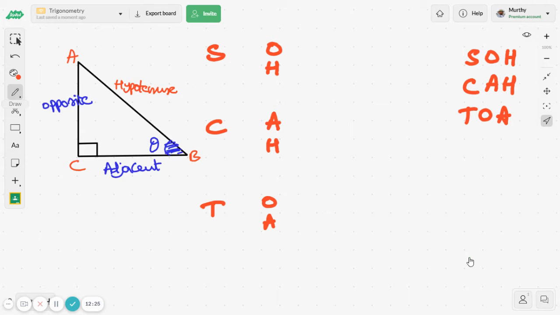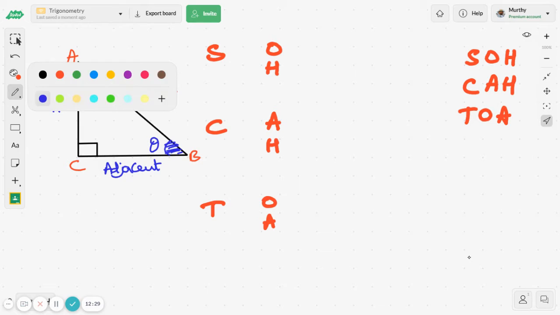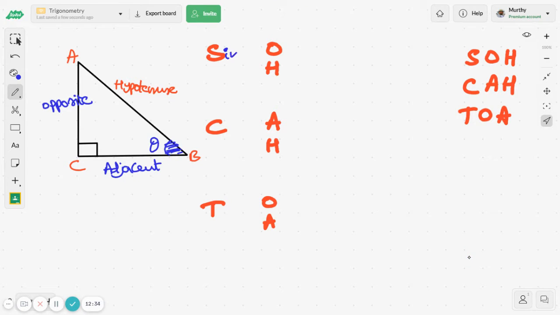So this is SOHCAHTOA. If you can memorize it this way, when you are solving the problems, you can start with S. That indicates sine theta equals O, the opposite side to theta, over H, which stands for hypotenuse. So these are the things you have to memorize.